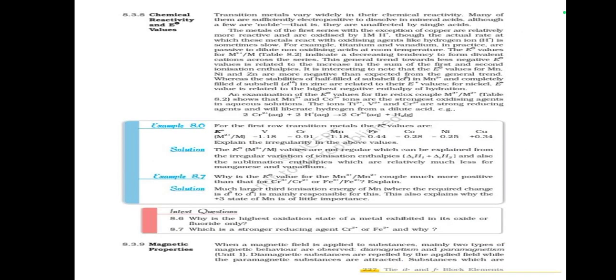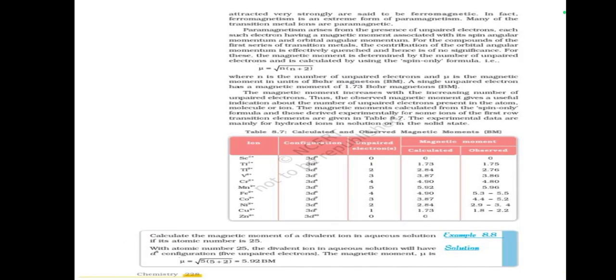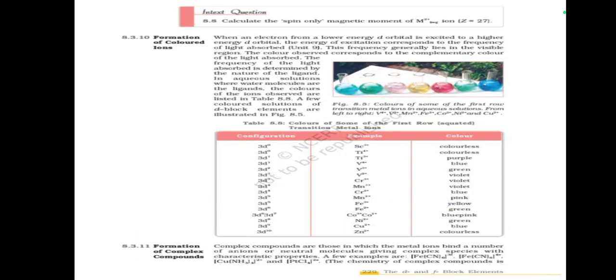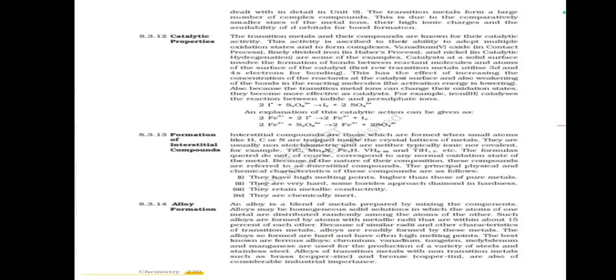Chemical reactivity and E° values. Magnetic properties. Table 8.7: calculated and observed magnetic moments. Formation of colored ions. Formation of complex compounds. Catalytic properties. Formation of interstitial compounds. Alloy formation. Some important compounds of transition elements: oxides and oxoions of metals.